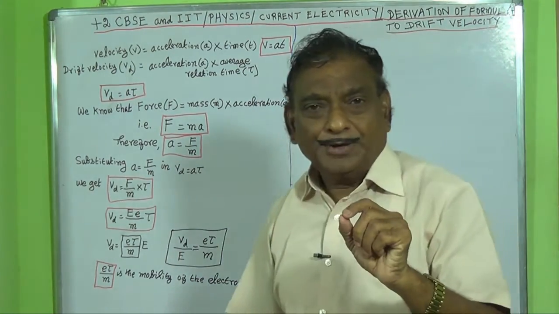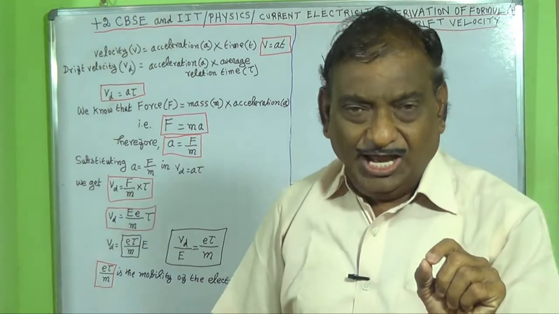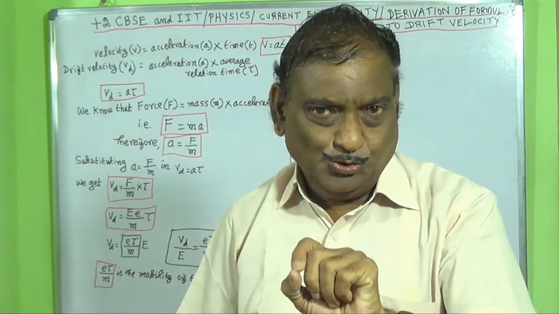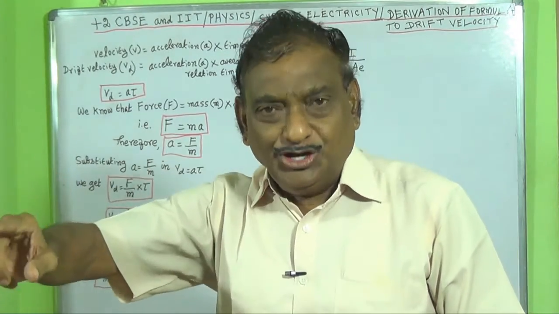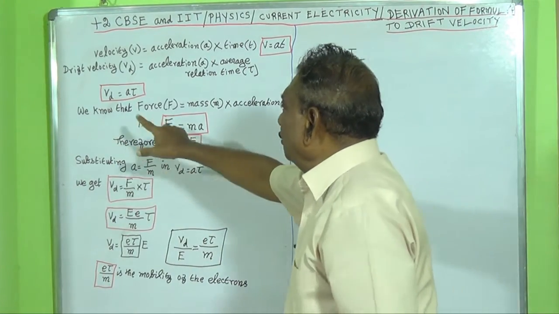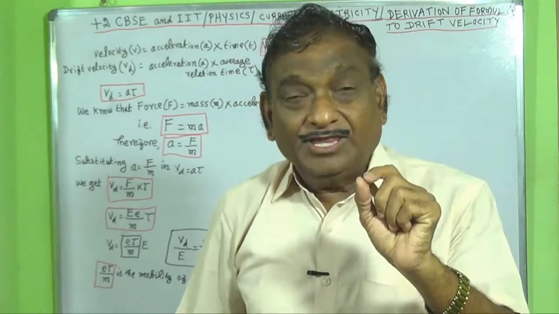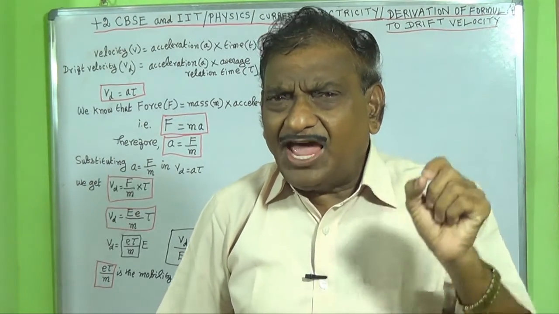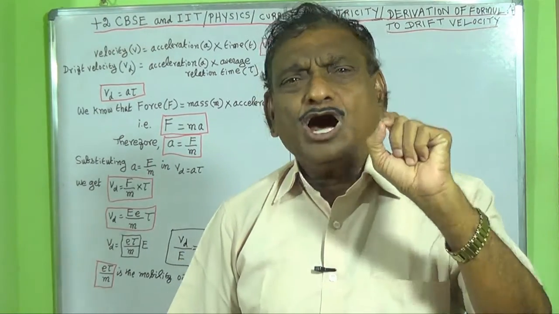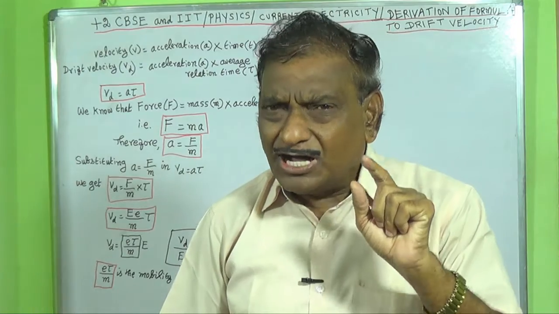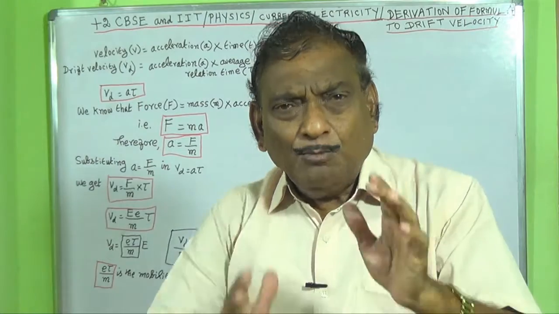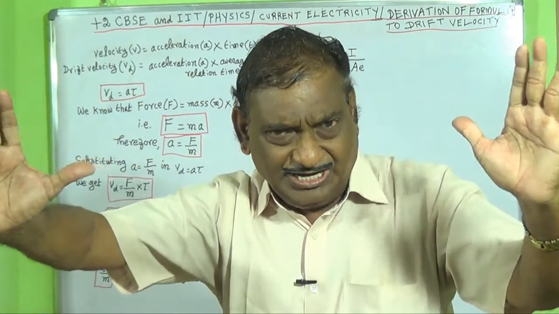So the formula for the drift velocity now becomes drift velocity Vd equal to acceleration a into average relaxation time tau, Vd equal to a tau. Then we are going to write the acceleration relating force and mass, because we know that force is mass into acceleration.